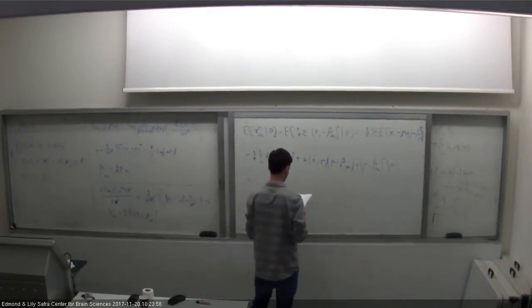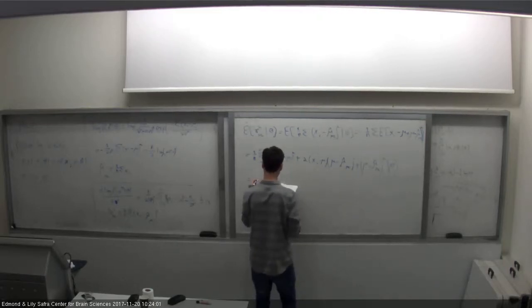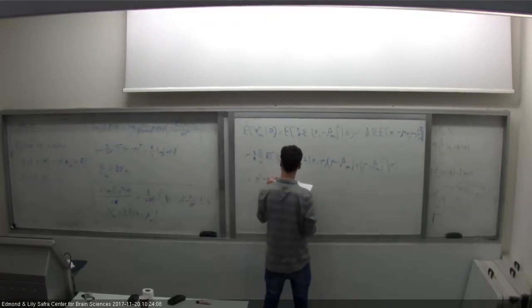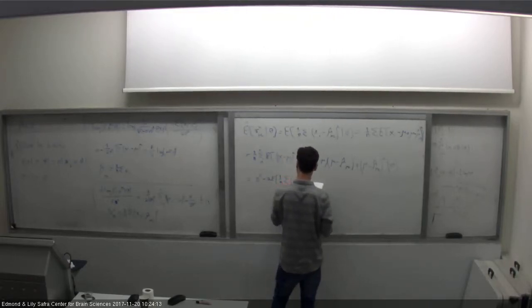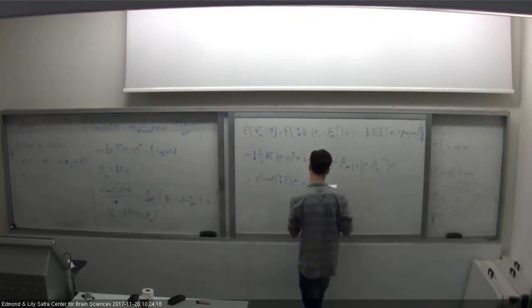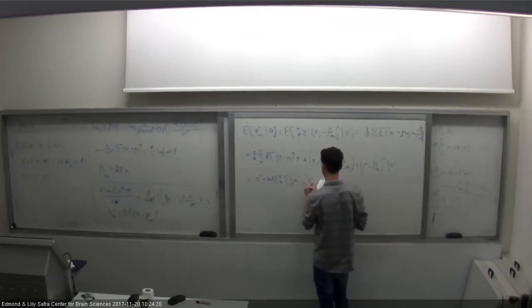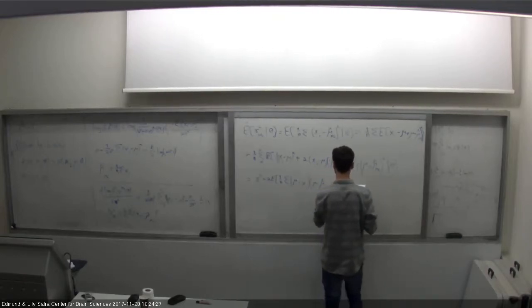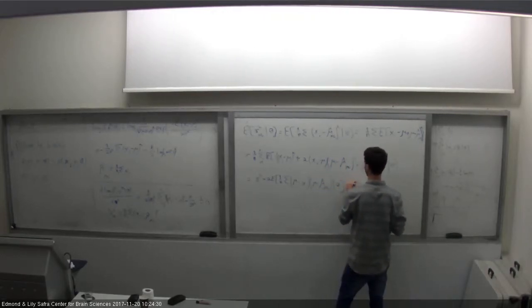So at the end we get that this is equal to sigma squared minus 2 times the expectation of 1 over n sum over mu minus xi times mu minus the estimator of mu, given theta, plus sigma squared divided by n.